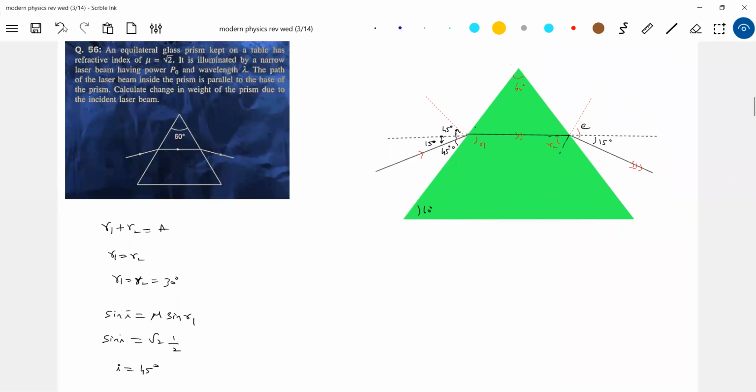So this is being absorbed, from here it is being emitted. So will there be any force exerted by the incident beam on the prism? Yes, it will be. So here will there be any force? Yes, it will be in this direction. The change in momentum is here, no?